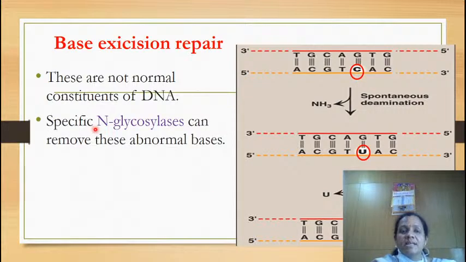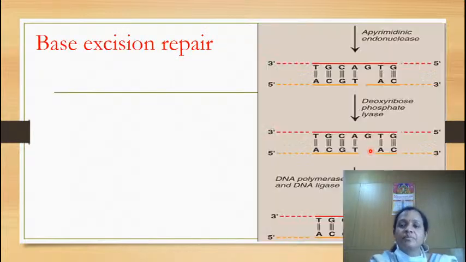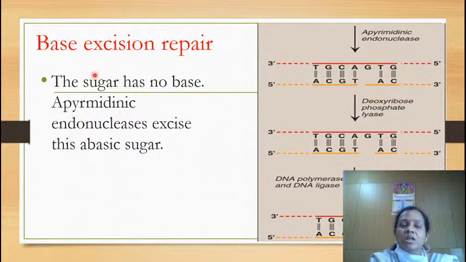A specific enzyme called N-glycosylase can remove these abnormal bases. It will remove the abnormal base, but the ribose and the phosphate attached to this nucleotide will remain attached.